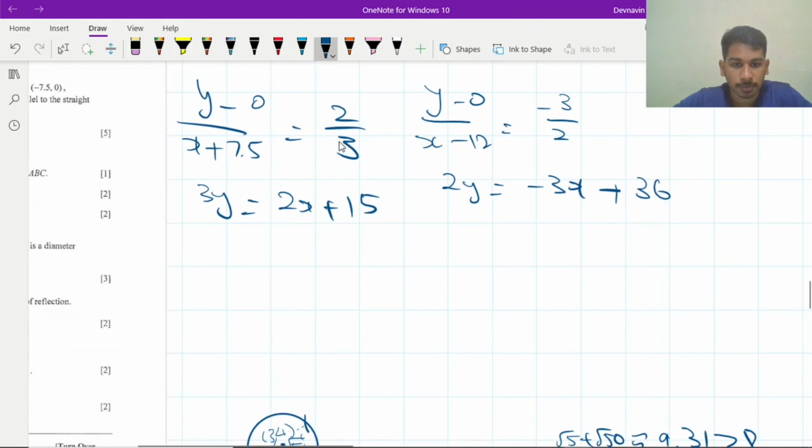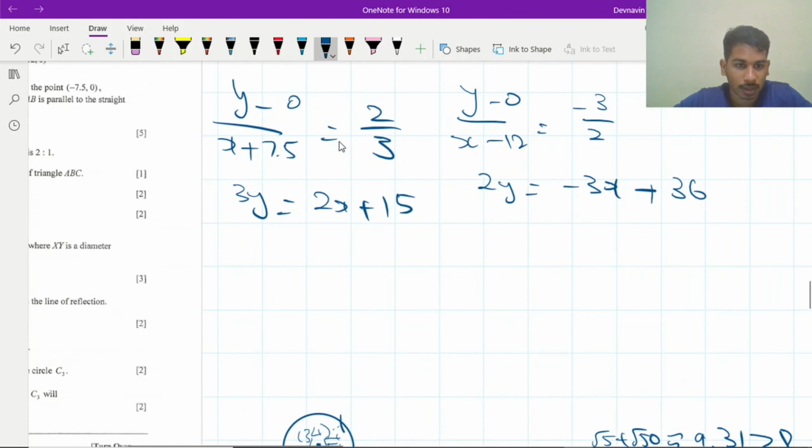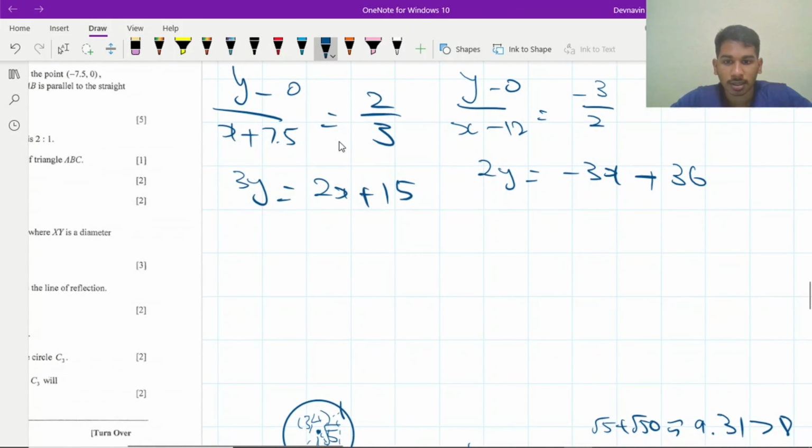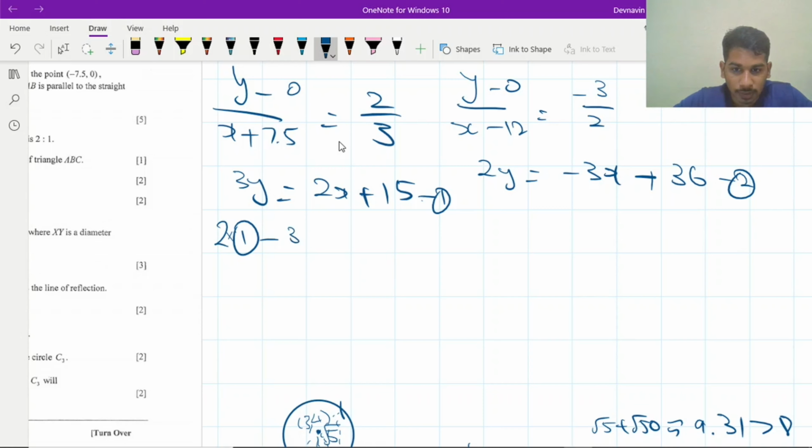Okay, now we're almost done actually. Let this be the first equation, let this be the second equation. We're going to do a simultaneous equation: 2 times the first minus 3 times the second.